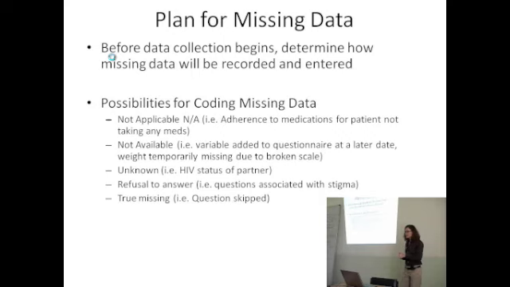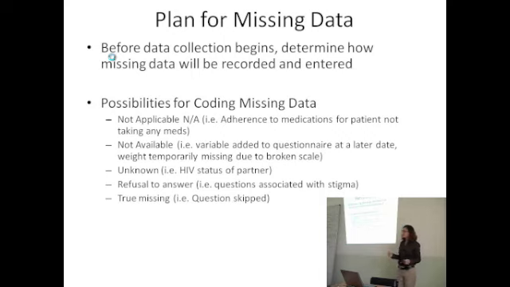Unknown is kind of interesting. It's not really missing data. It's known to be unknown. So if you ask somebody about the HIV status of their partner, they may not be able to tell you whether they're positive or negative. So unknown is a valid response. It's actually the response that you get from the patient.